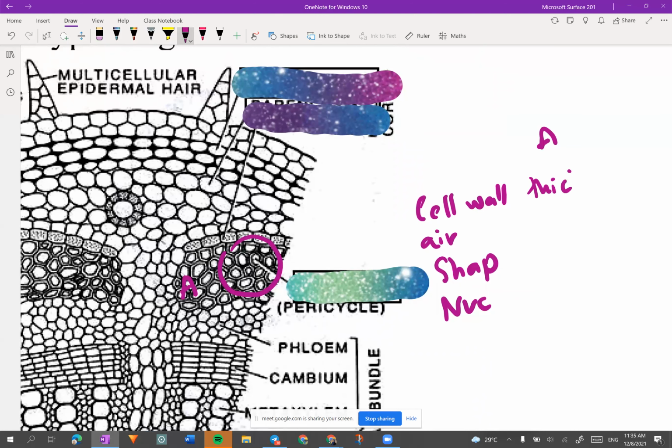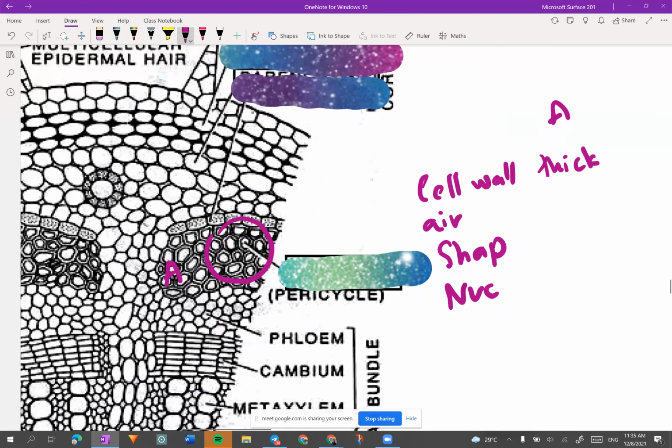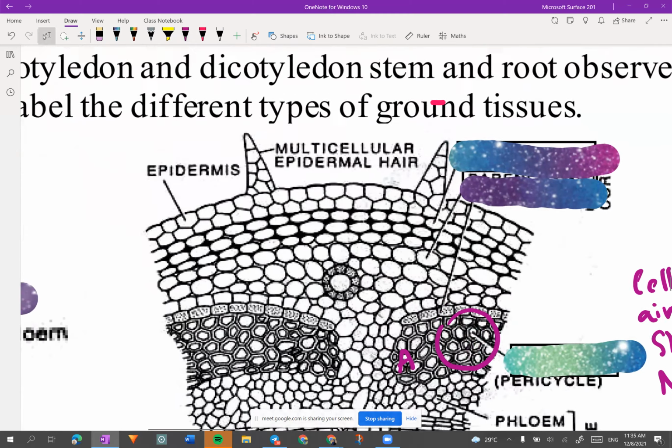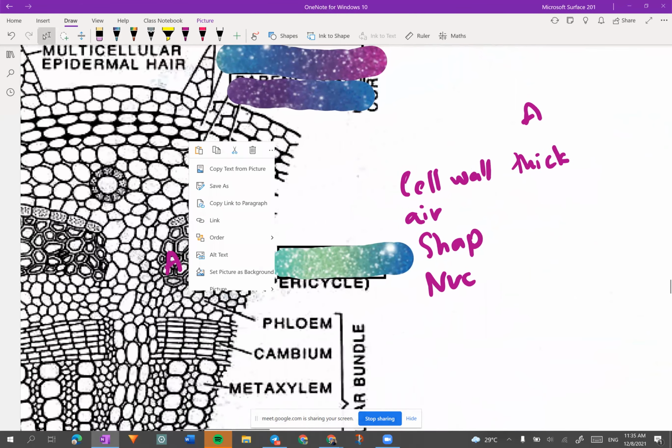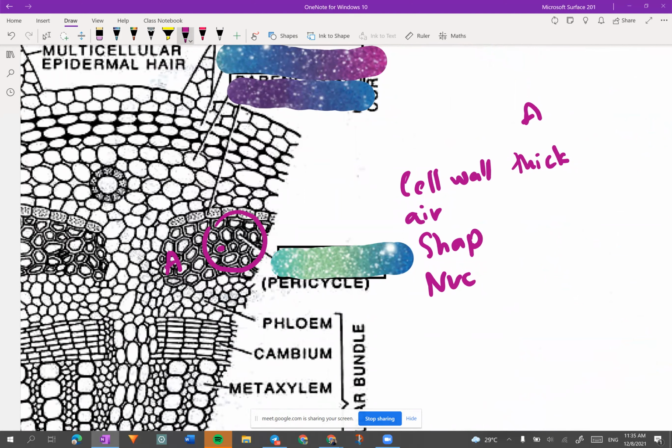Thick. Does it have any air space between them? Ada. Where is it? Are you sure no? It's here, right? Okay, good. Okay, so dia tak ada air space.